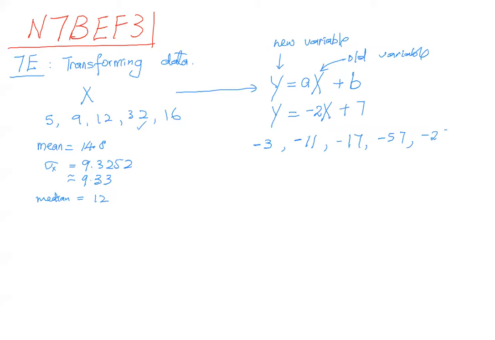Okay, negative 25. So try to find the mean for Y. Please key into the calculator and find the mean for Y. Negative 22.6. So you see, by logic, this number is coming from here.